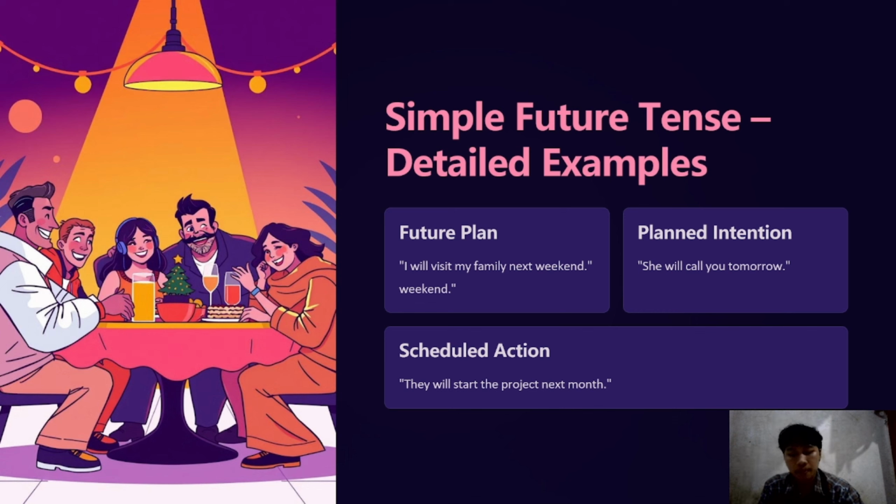They will start the project next month, so it's an event scheduled for the future. These examples show how the simple future can help us talk about everything from casual plans to official schedules.